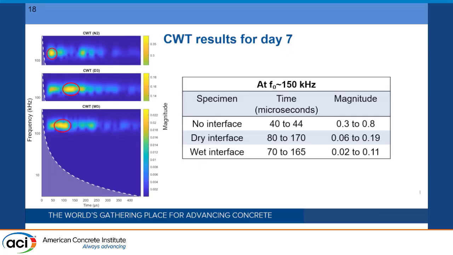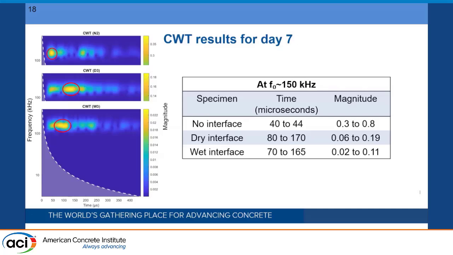So on the left, we have the scalograms for specimens that were tested at day 7. The color here shows the intensity, or the magnitude, of the frequencies at each time. And the red circles here are showing the dominant frequency, like 150 kilohertz, for different types of specimens.